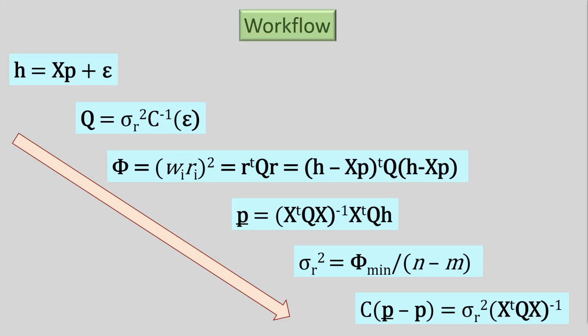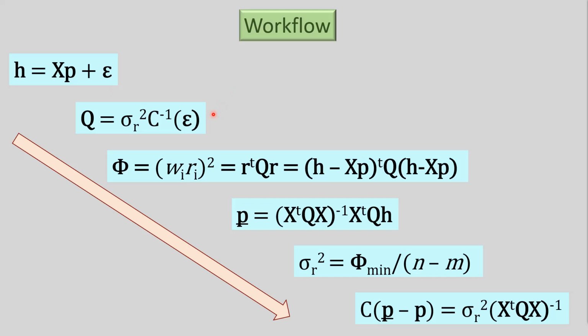So here is our workflow. Here's the equation which characterizes the system, which defines the inverse problem that we have to solve. We select a weighting strategy embodied in this matrix Q. And we choose that, taking notice of what we think are the uncertainties, the errors in the measurements that accompany the calibration dataset.